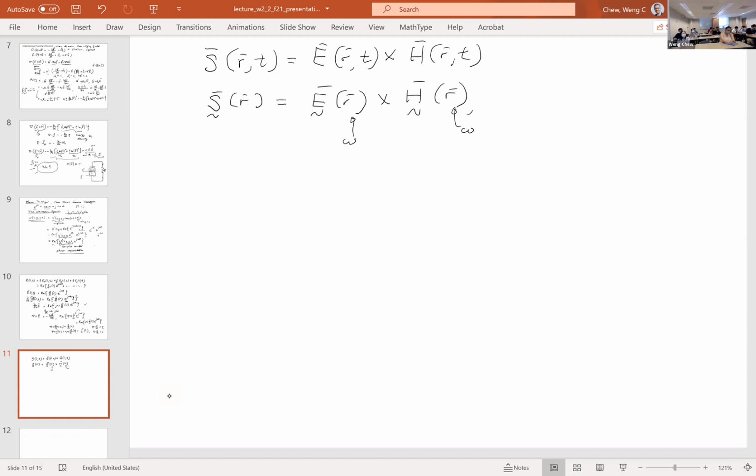Then you can actually go through the argument from Maxwell's equations. You can show quite easily that Faraday's law is just this. Let me maybe just write them down. Faraday's law is just that.